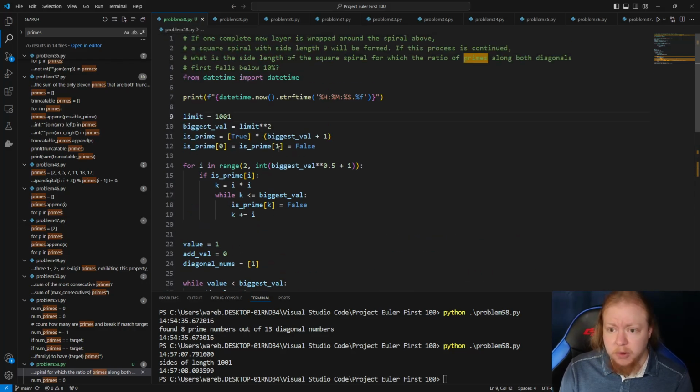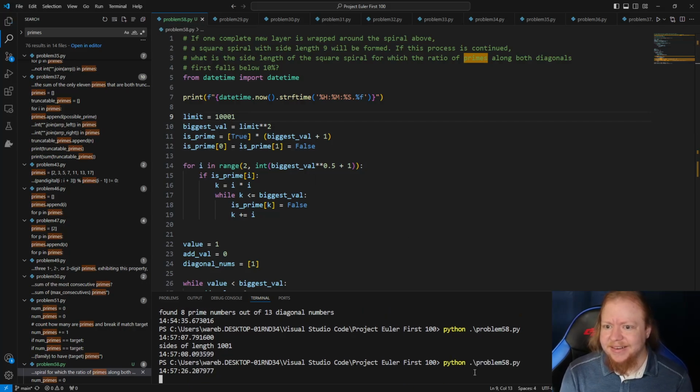Which means I'm going to add a 0 here. Okay, so this is taking significantly longer, of course, because we're dealing with a lot more numbers. And let's see if it deals with itself in under a minute here.